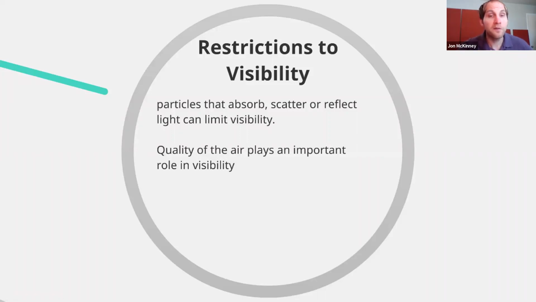Cool. So restrictions of visibility. It could be a hazard for us as pilots. We physically need to see to be able to land or take off. If you're a VFR pilot, you need to be able to see to fly from point A to point B. So if it's a really hazy day, it's more difficult to see. I'll tell you what's really tricky: flying into the sun on a hazy day.